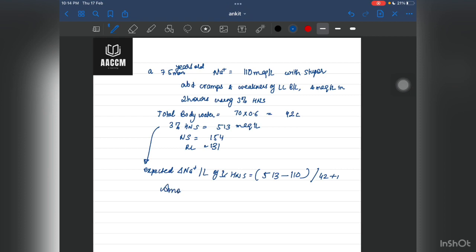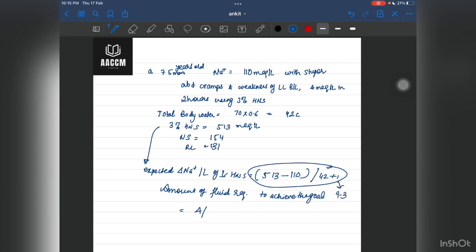The amount of fluid required to achieve the goal is 4 upon this particular value, that is 0.4 liters.